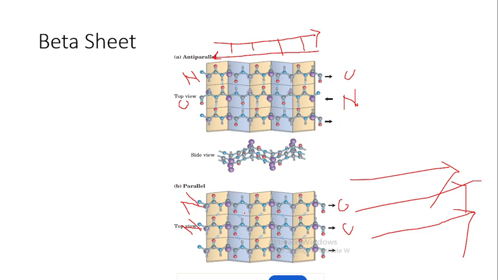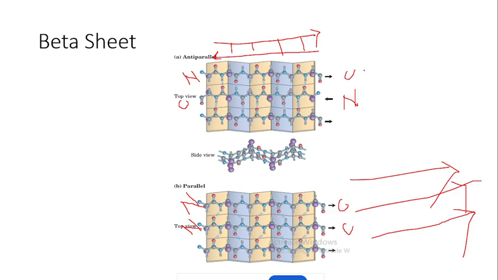So can you explain the anti-parallel? What is happening here in anti-parallel? The direction is N to C and C to N. Very good. The direction is N to C in the first layer, but in the second layer the direction is C to N. See?